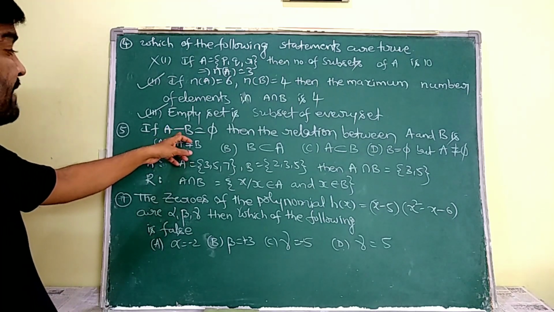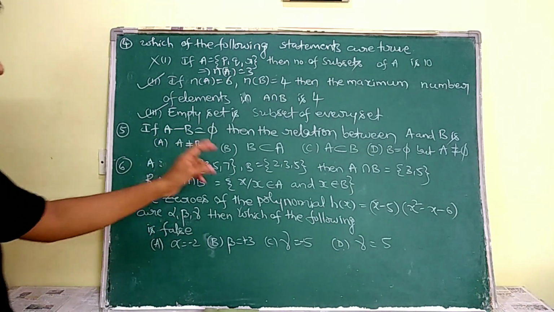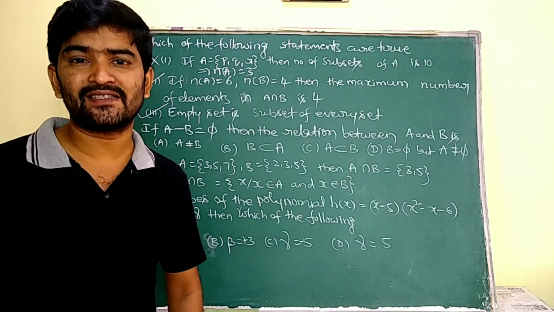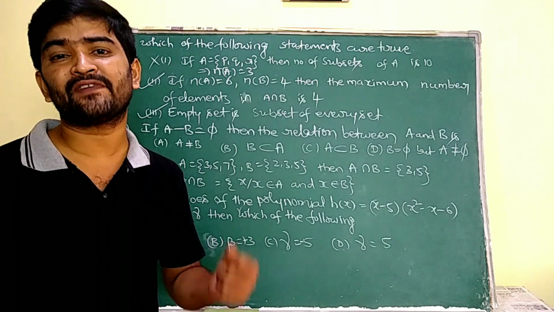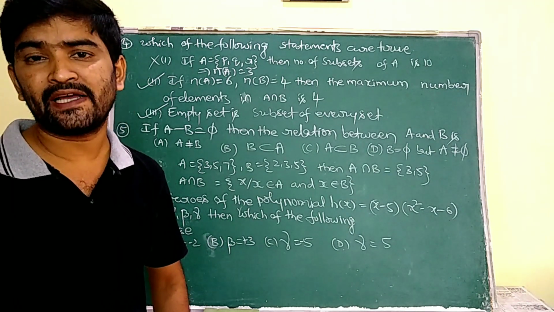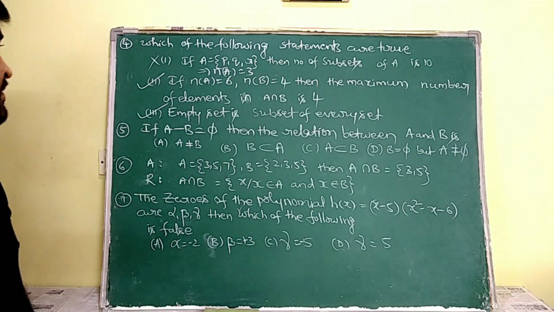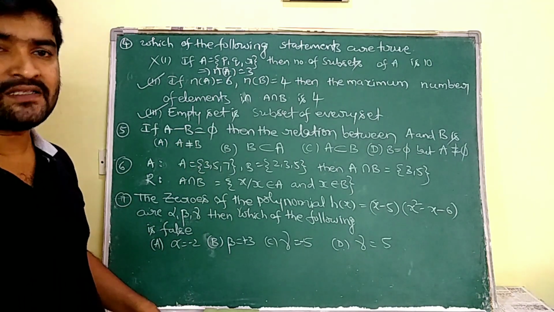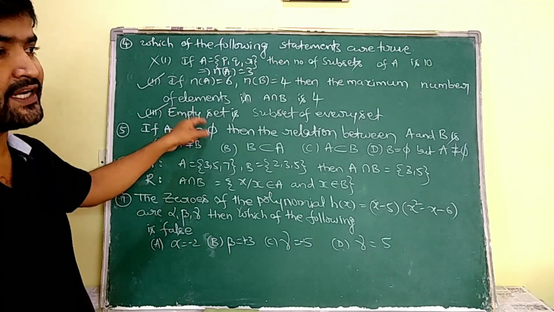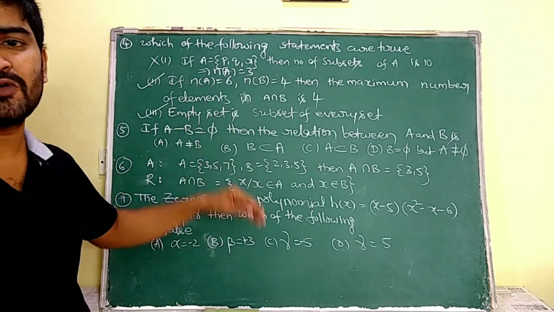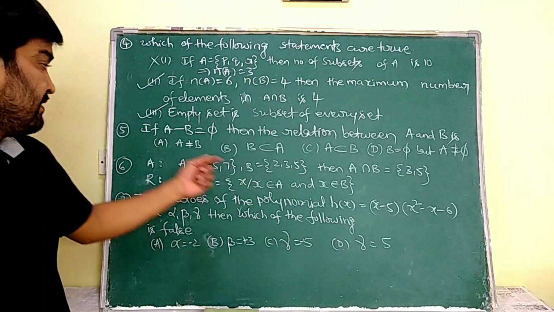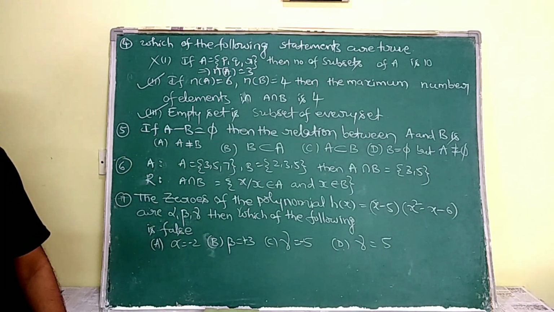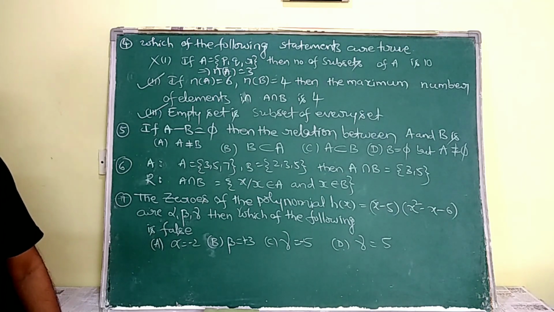See, if A minus B is equal to phi, then the relation between A and B is being asked. A minus B is equal to phi, in the sense it's very clear that all the elements of A are there in B. Else, both A and B are empty sets. Let us suppose both A and B are empty, then A minus B is empty. Else, if all the elements of A are there in B, then all the elements which are common are going to be cancelled in A. So in A we are going to have 0 elements, that means no element is left.